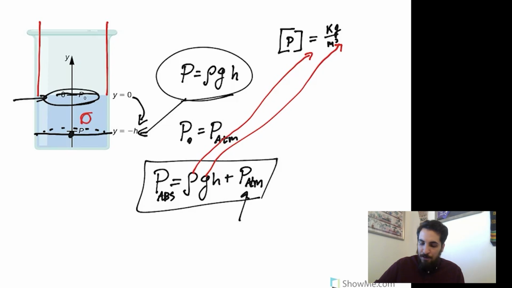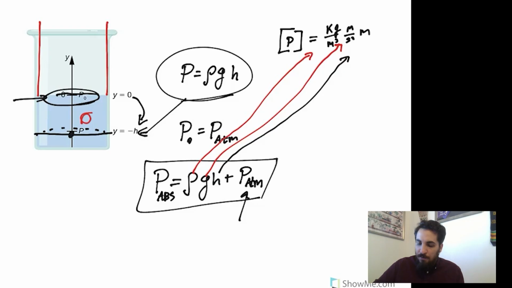Acceleration due to gravity is going to give us units of meter per second squared. And h will give us units of meters.